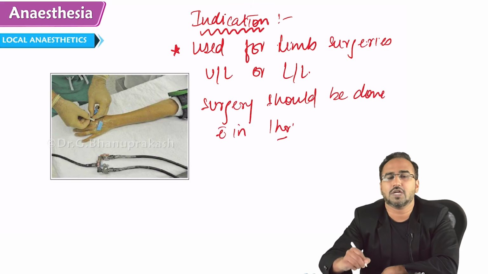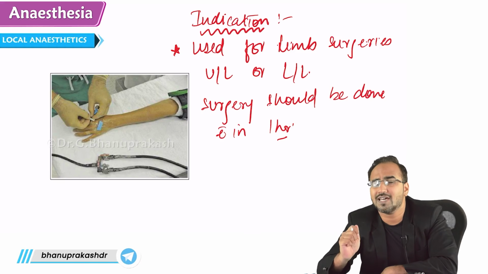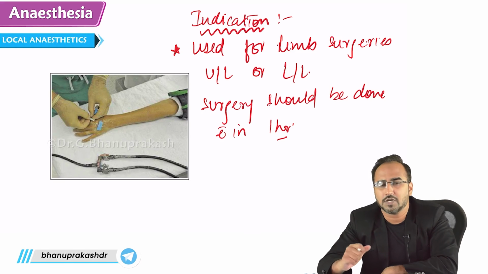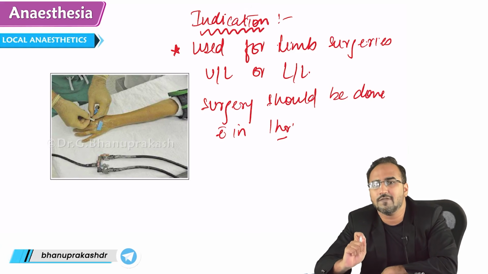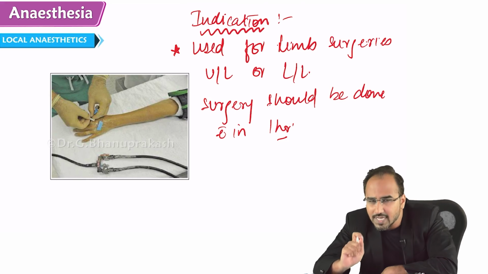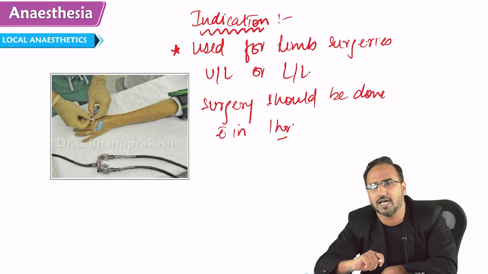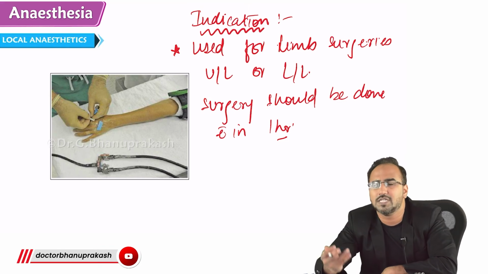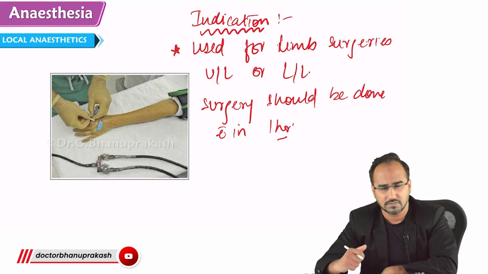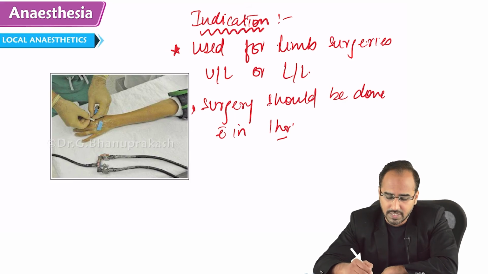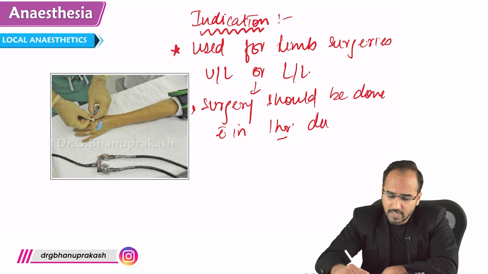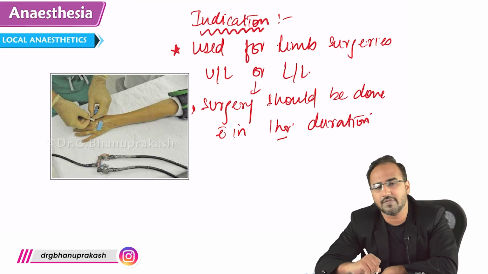Because remember guys, in IVRA we are applying a tourniquet. You are applying something with high pressure. The patient can withstand the tourniquet pain, or the blockage of the blood supply, up till 1 hour. After 1 hour, if you are still applying the tourniquet, what will happen? Ischemia, necrosis, gangrene can also happen, right? So IVRA is used for limb surgeries, and this limb surgery should be done within 1 hour duration. Then you go for IVRA.